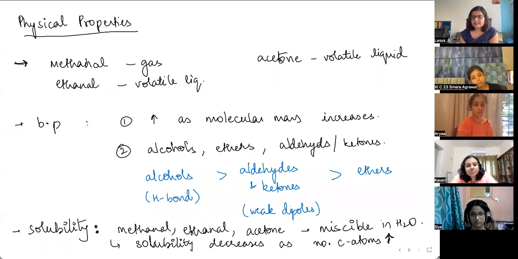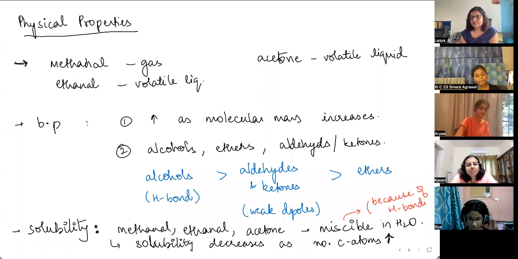And why are the smaller ones miscible in water? Because of H bonding. There is no hydrogen bonding within these molecules themselves, but water has hydrogen which is electropositive.